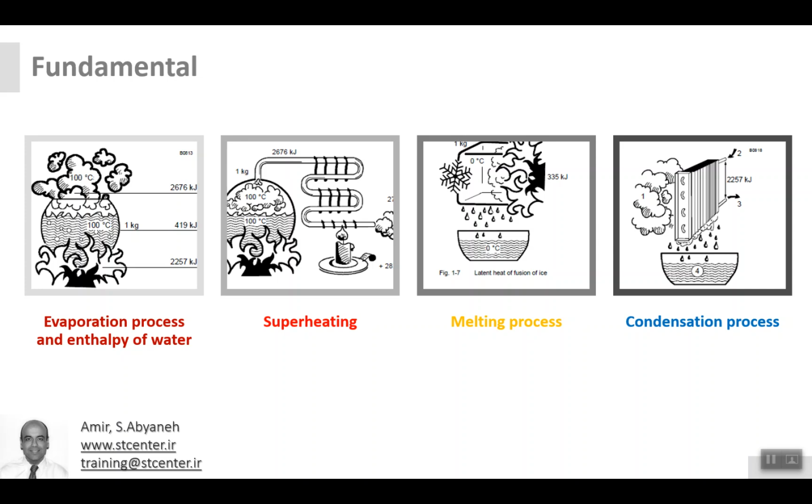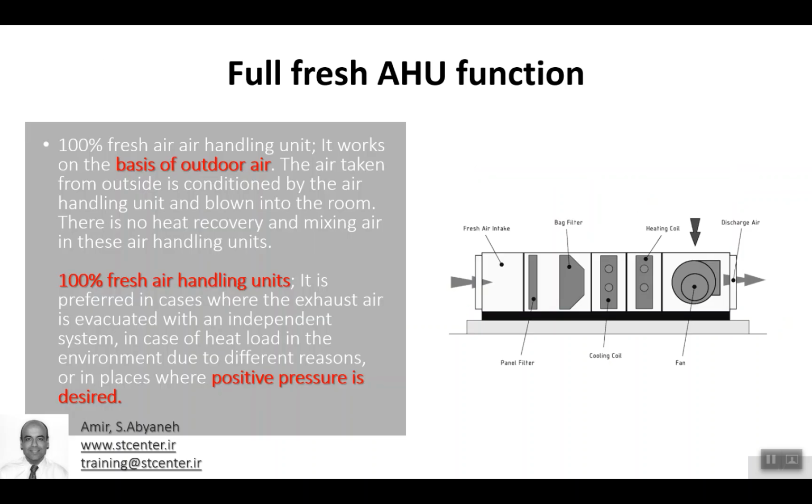To understand the air handling unit, you should know the fundamentals of HVAC systems. You should know about heating, cooling points, the evaporation process, superheating, melting, and the condensation process. You should understand the fundamentals. This is an obligation for you to know.